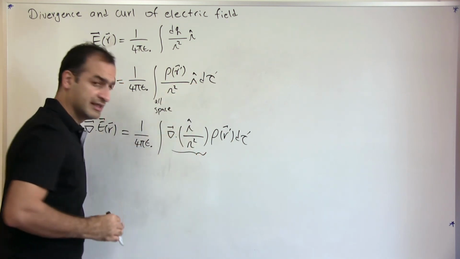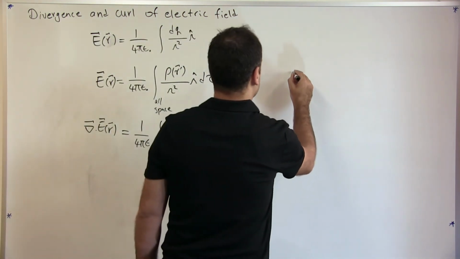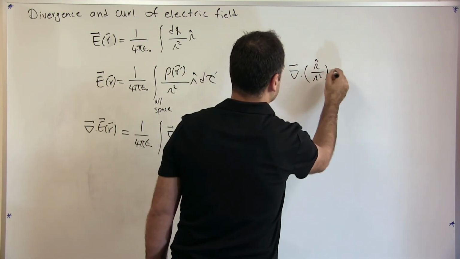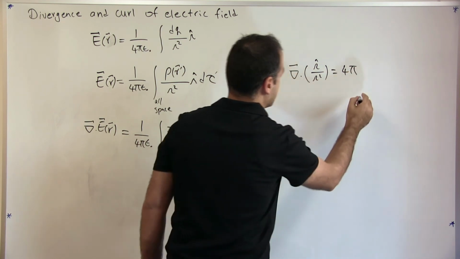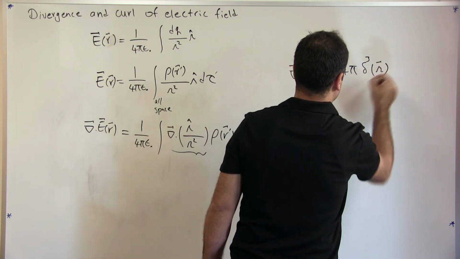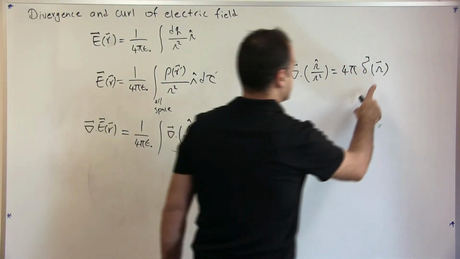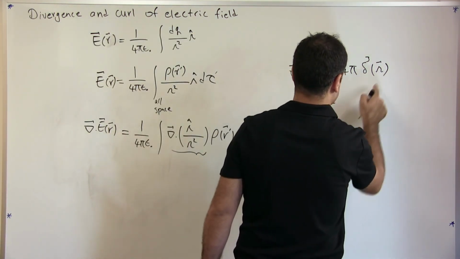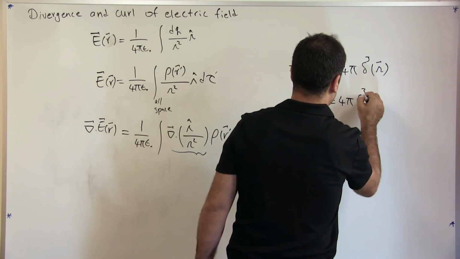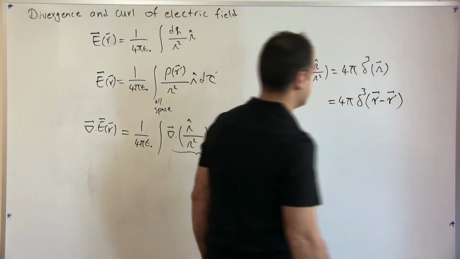Okay. So following the discussions we had for chapter 1, the divergence of the function r hat over r square was 4 pi times three-dimensional Dirac delta function of r. Is that correct? And that is, if I want to write this separation vector distance r in terms of r and r prime, that should be 4 pi Dirac delta times r minus r prime.